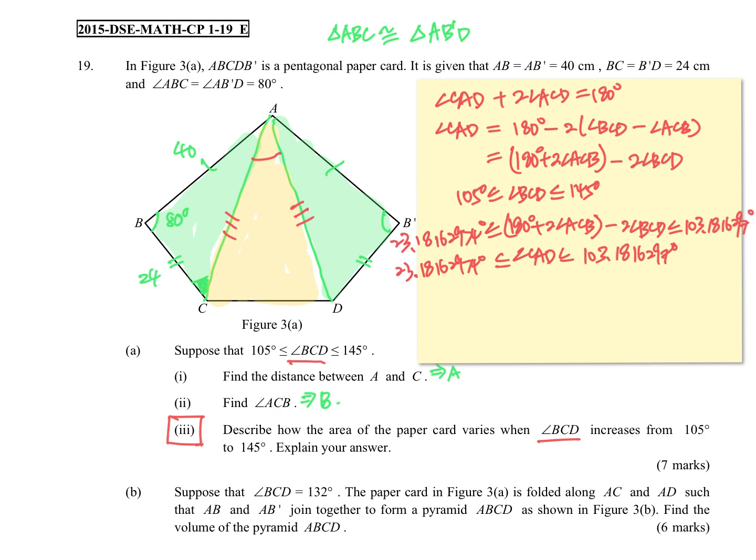Good. And then the area of the paper cup will equal 1/2 times 40 times 24 times sine 80. So 1/2 ab sine theta, that will be the green part.